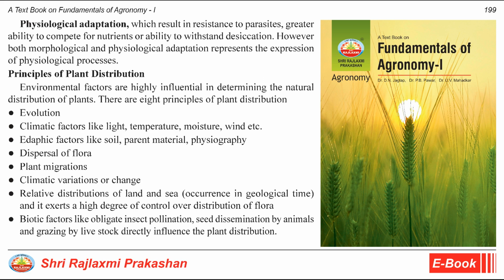Plant migrations. Climatic variations or change. Relative distributions of land and sea. Occurrence in geological time, and it exerts a high degree of control over distribution of flora. Biotic factors like obligate insect pollination, seed dissemination by animals and grazing by livestock directly influence the plant distribution.